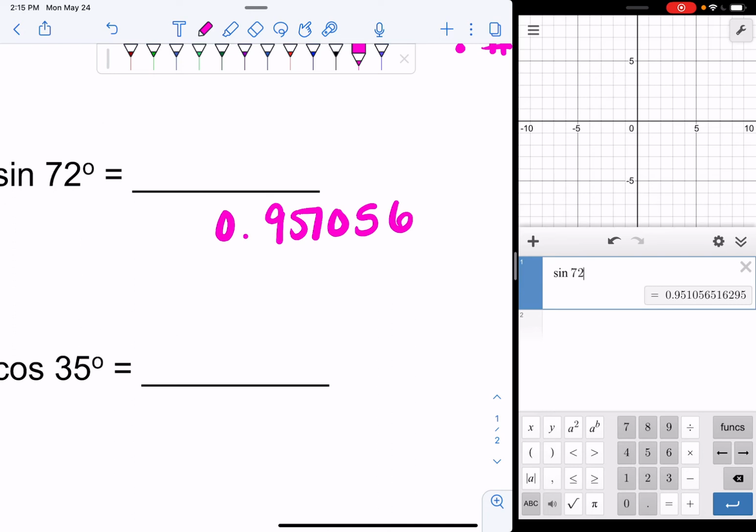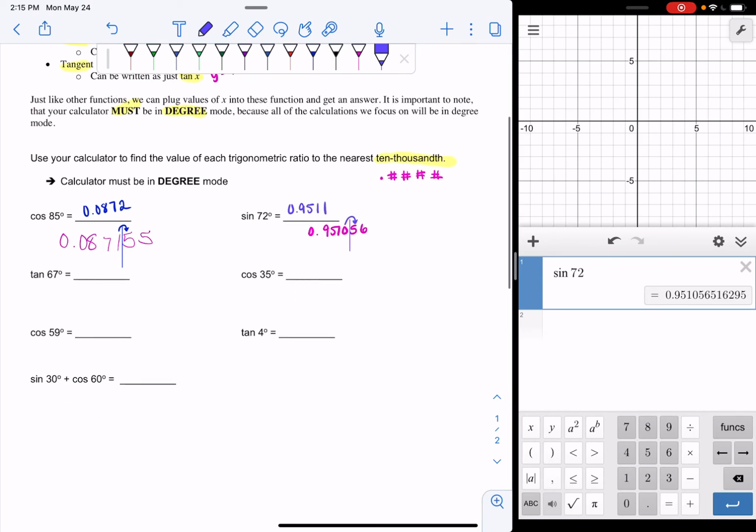We want to round to the nearest 10,000th, so I put a line after my 0 because that's 4 decimal places. Look at my 5. What happens now? That 0 becomes a 1. So my final answer is 0.9511.